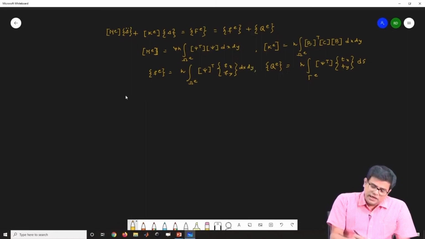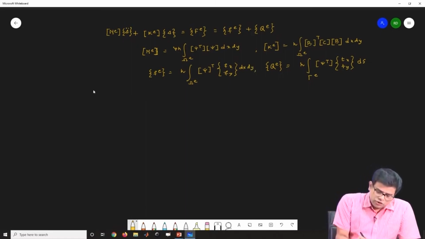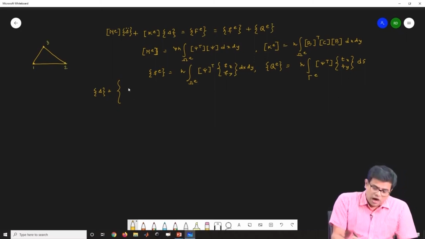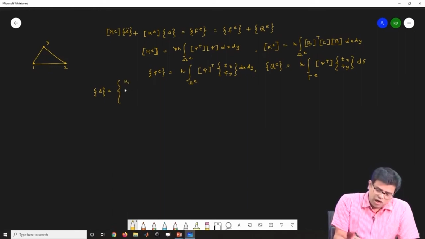Here the delta vector contains all the degrees of freedom. For a CST element you have 6 degrees of freedom in total. For each node we have 2 degrees of freedom, for nodes 1, 2 and 3, that is U1, V1, U2, V2 and U3, V3.